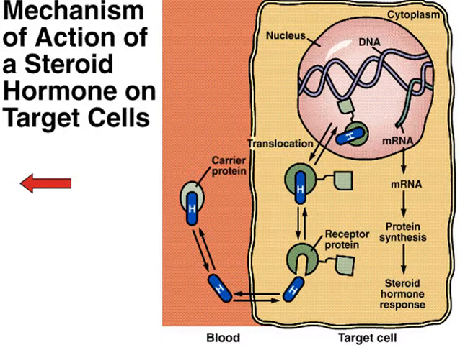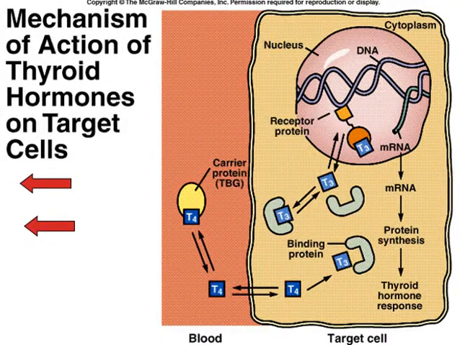So T4 is actually carried by a protein. T3 is free floating, but T4 is carried by a protein. Remember, we did this before. It is able to pass through the cell membrane and gets into the cytoplasm, where there's a binding protein that changes it into T3.